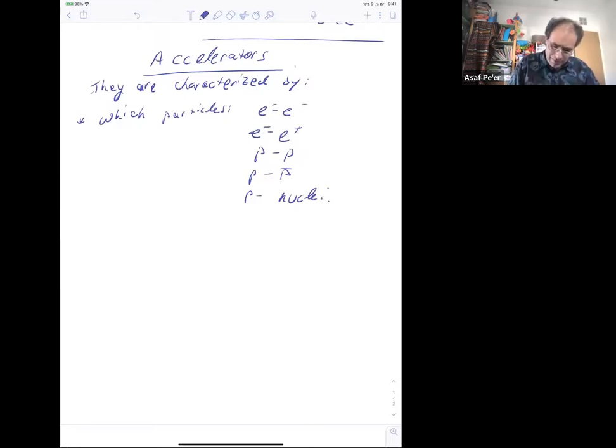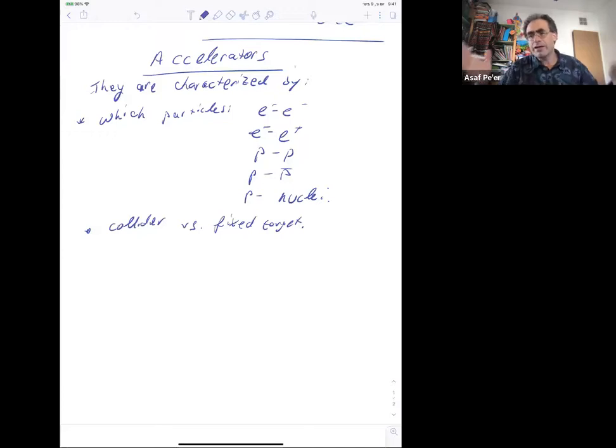The second question is collider versus fixed target. Fixed target means a particle is being accelerated, and then it hits a fixed target. Collider means we have two beams of particles being accelerated in opposite directions, and then they collide with each other while they're both moving. That's the technical difference between a collider and a fixed target.